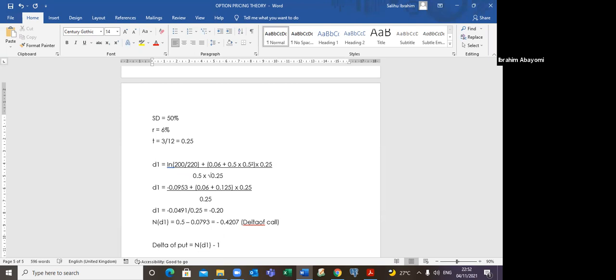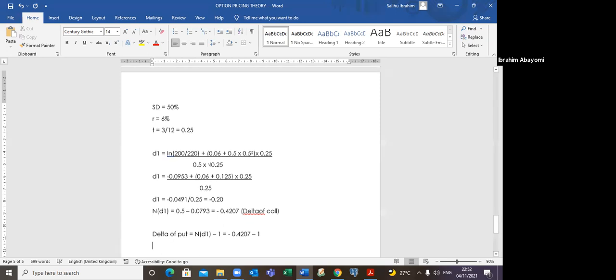So that will be equal to, what's my N(d1)? My N(d1) is 0.4207, minus 1. What would that give me? Delta of put is equal to, what would that give me?